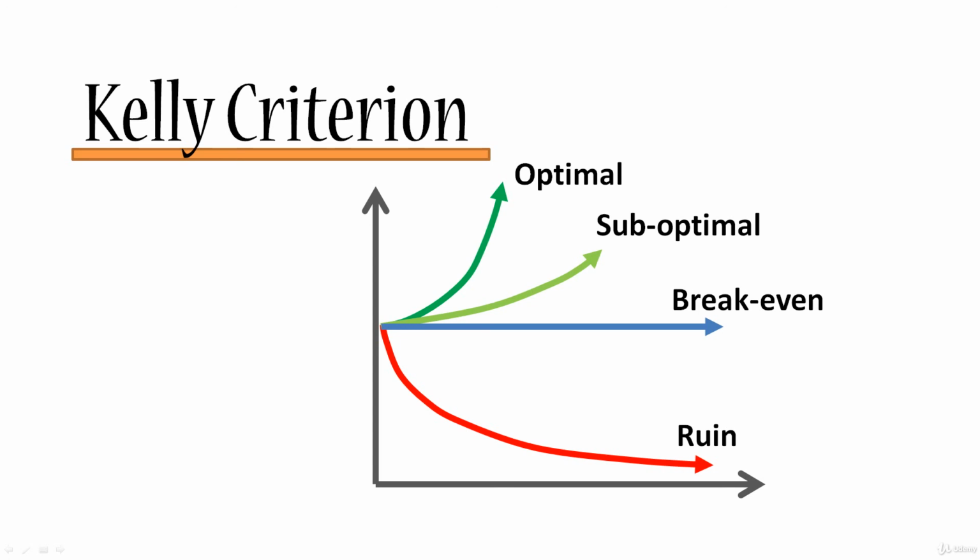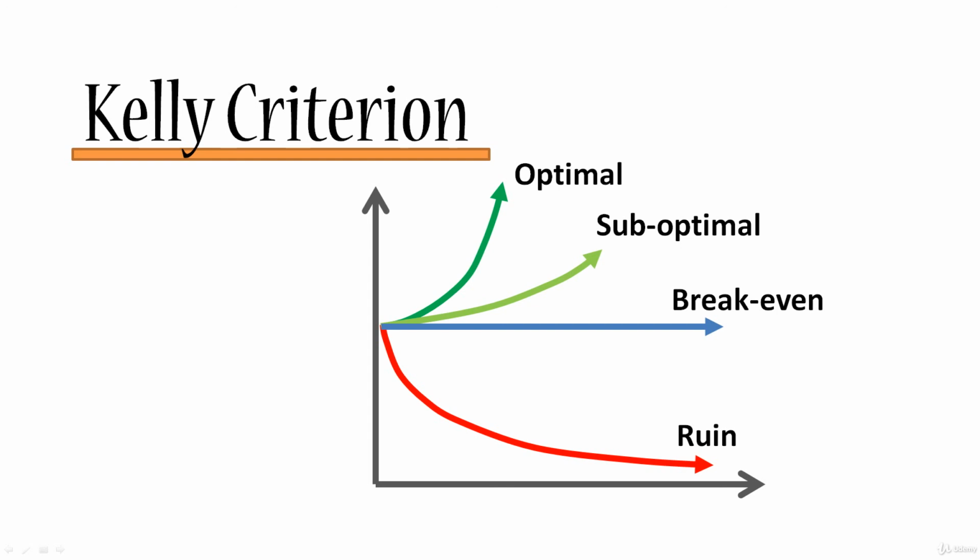You're still winning, you're still making money, but you're not making the most out of this opportunity. Then there's a third type where you're breaking even, so you're not winning but you're not losing. It is a great trading strategy, but you somehow manage to not make money out of it, so you're breaking even with your original balance.